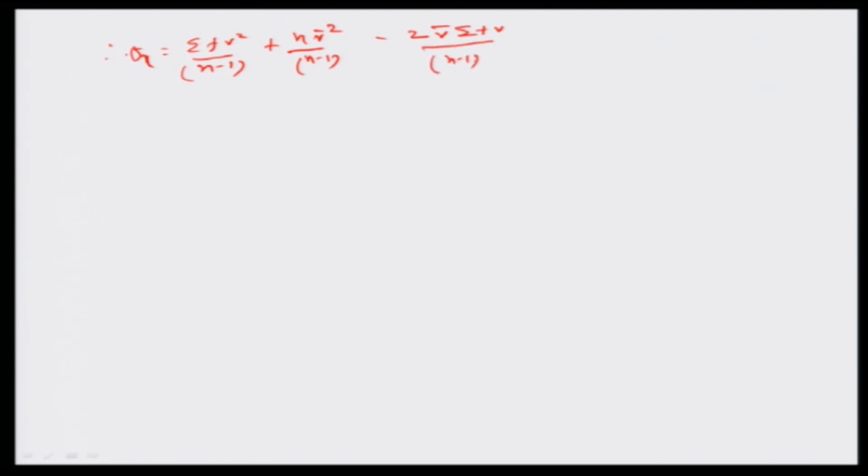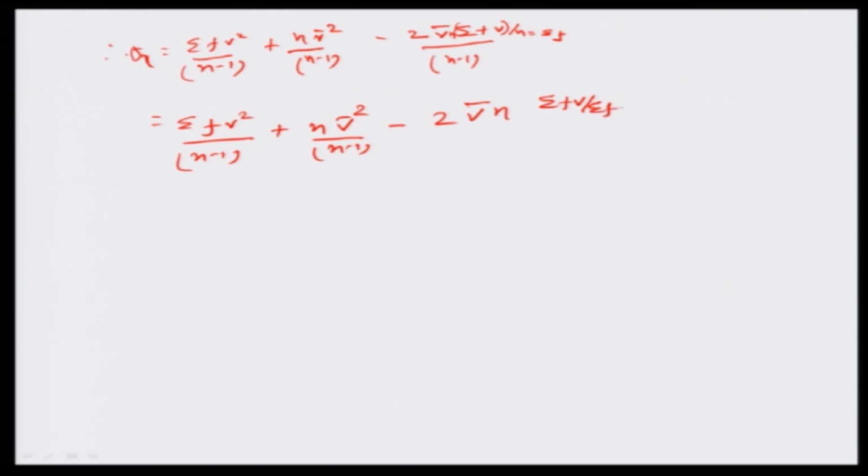And in fact, what I am going to do here is to multiply and divide this value by n, where n can be represented as sigma f, so that I have a final expression: sigma f v square by n minus 1 plus n v dash square by n minus 1 minus twice v dash times of n times of sigma f v by sigma f, which is actually equal to v dash, as you may recall earlier.